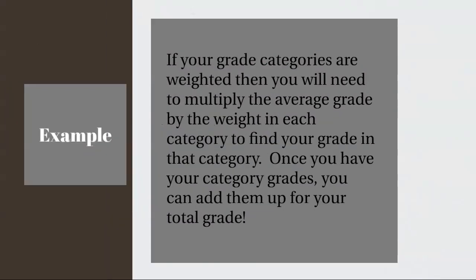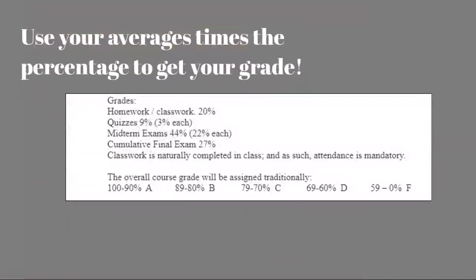So for example, if homework is 20% of your points and maybe there's 10 points and you earned 9 points in homework. You'd want to take your average grade and then multiply it times 20% or 0.2 to figure out exactly how much you have in the homework category, and so on.